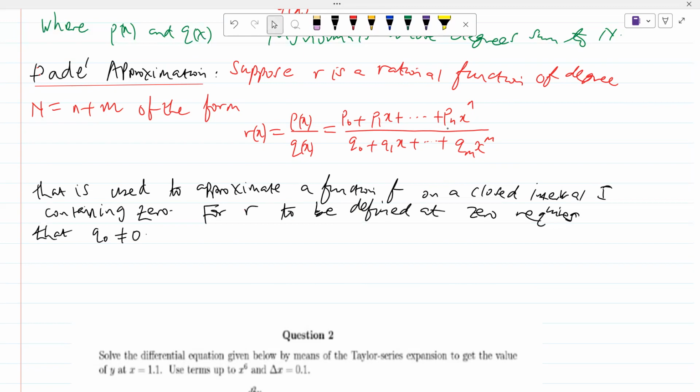This is very important because you saw that in the example we did from the exercise.